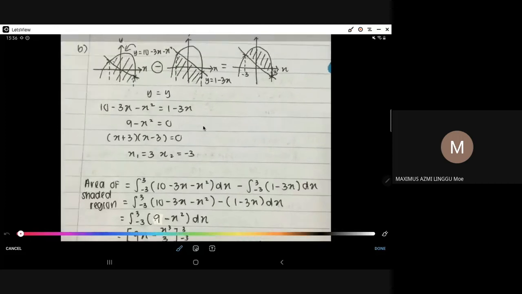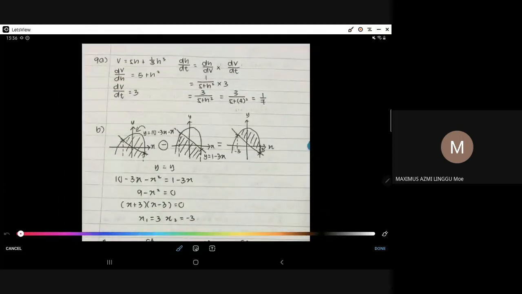To find dh over dt, first we need to find dh over dv and dv over dt. So dh over dv is from the equation v equals 5h plus 1 over 3 h cubed. So just differentiate, equals 5 plus h squared. And dv over dt is from the question, equals 3.